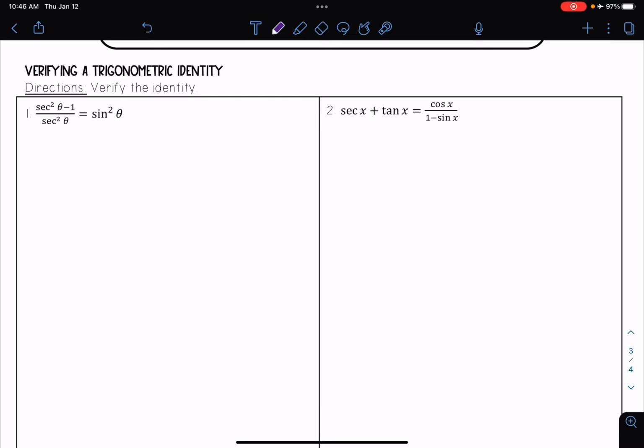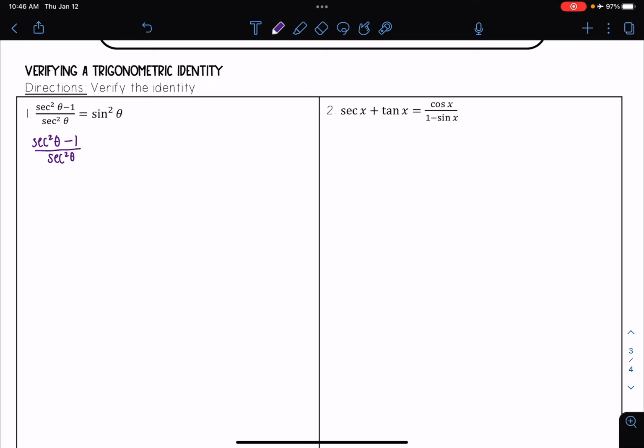This first one says that secant squared of theta minus 1 over secant squared of theta is equal to sine squared of theta. So I want to start with the left-hand side. I have secant squared of theta minus 1 over secant squared of theta, and I want to somehow get that this is equal to sine squared of theta.